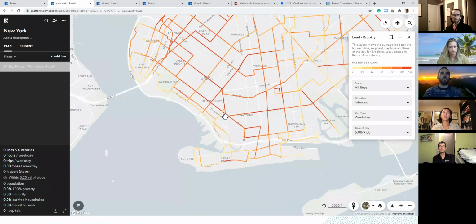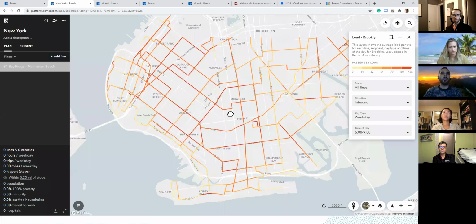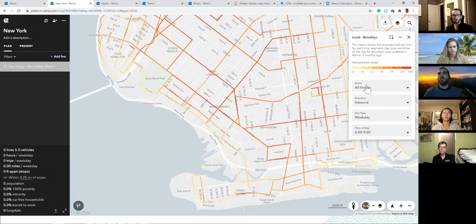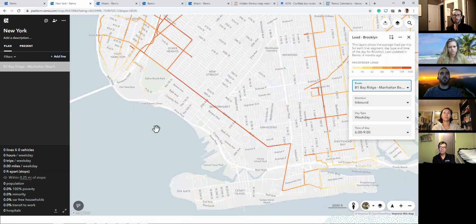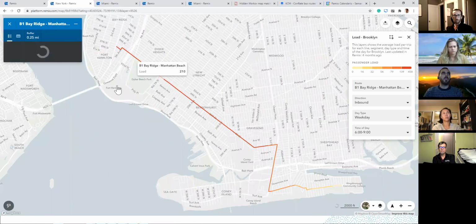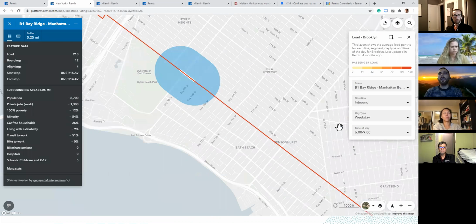So right now in Brooklyn, this is only for Brooklyn, it's much easier to understand where your peaks of people are. And for that line in particular, I could just filter that one. And it's very easy to understand. You just have to click to see how many people are on the bus on average, or how many people are taking the bus on average between 6 and 9.